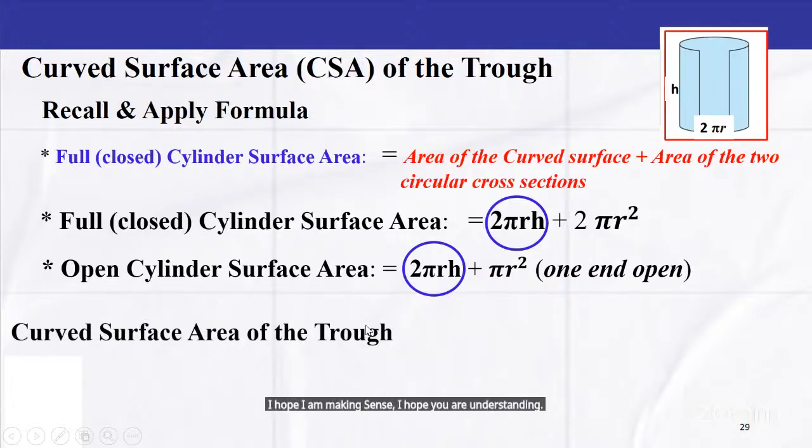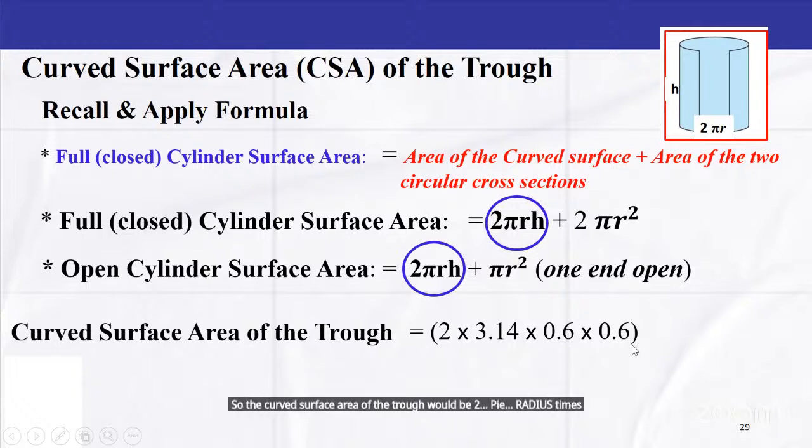So the curved surface area of the trough would be 2 pi radius times height. That's the curved surface. 2 pi RH, that's what is circled here.